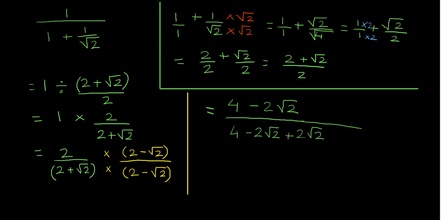And then the last one is root 2 times minus root 2, which is minus square root 4.